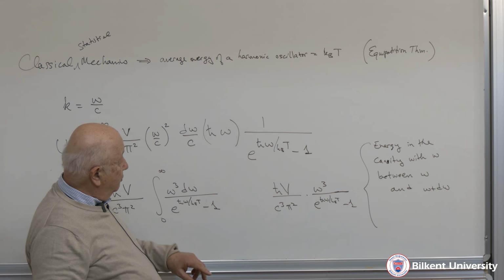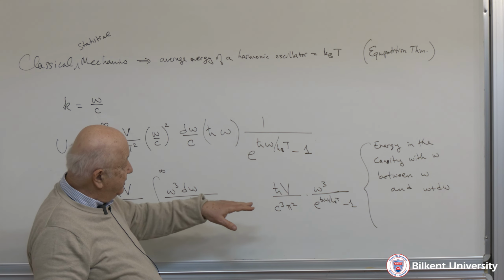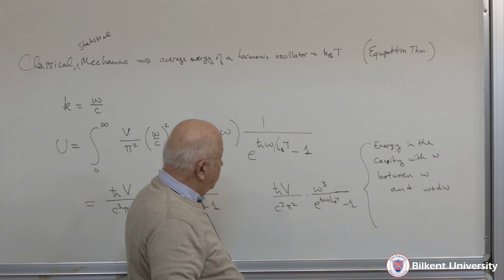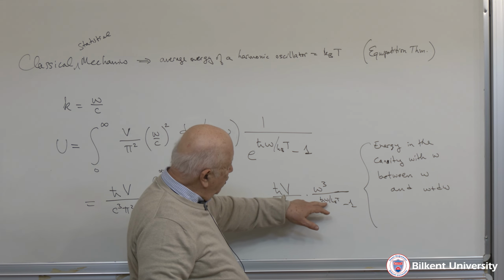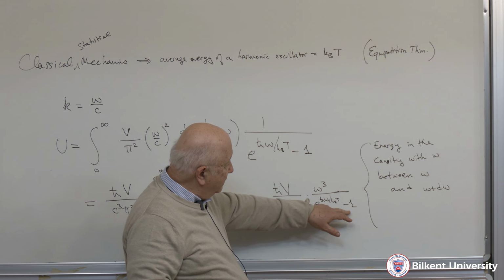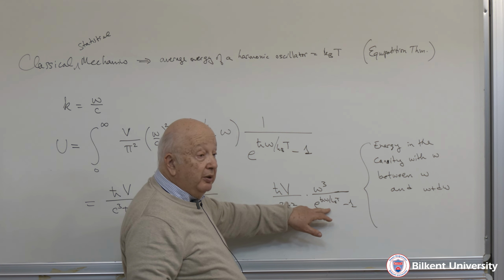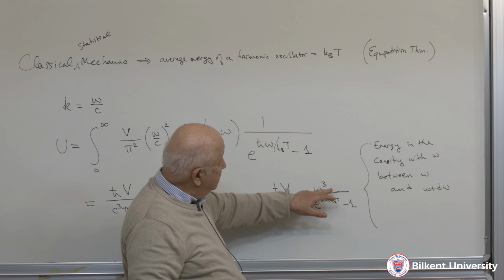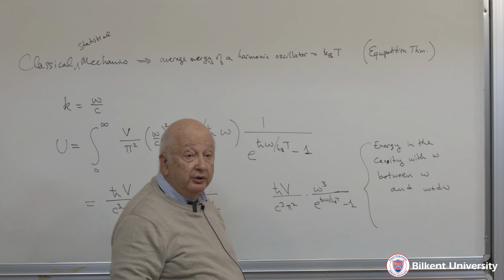And now if you look at this expression and try to see what's going on, you see for small values of omega there will be a cancellation of the constant term. This will be proportional to omega. It will cancel one of the omegas in the numerator.